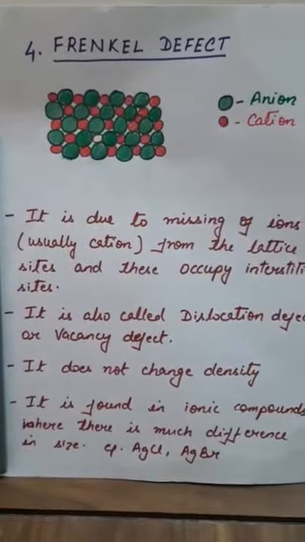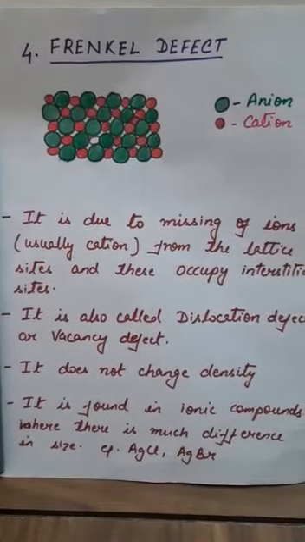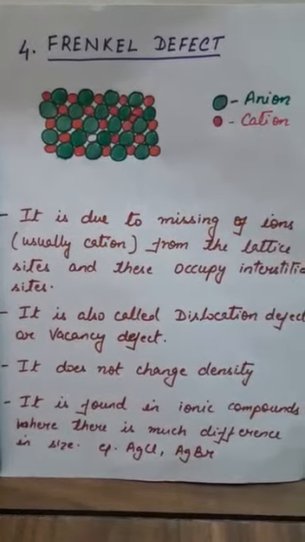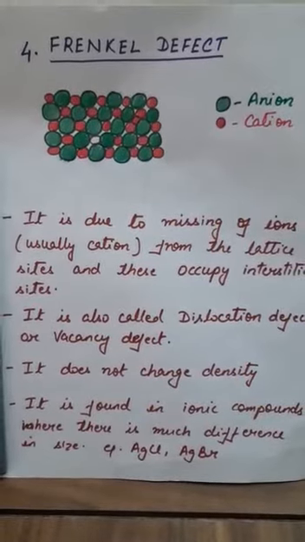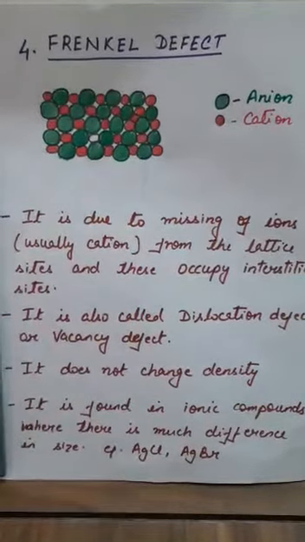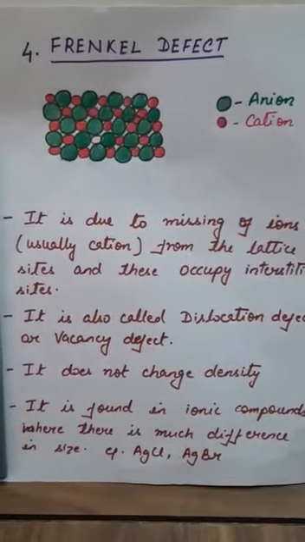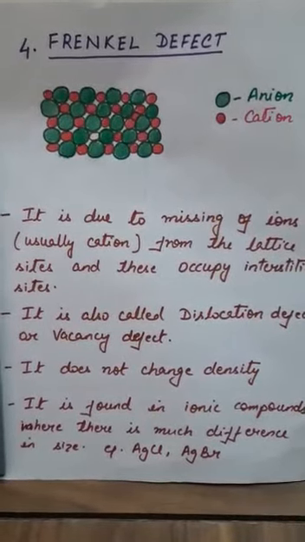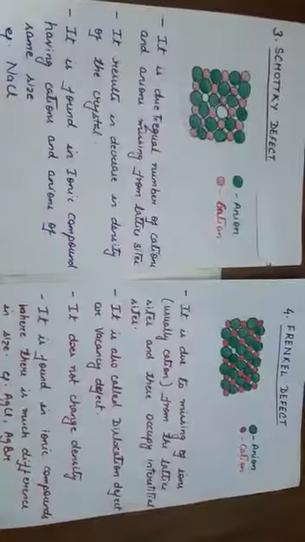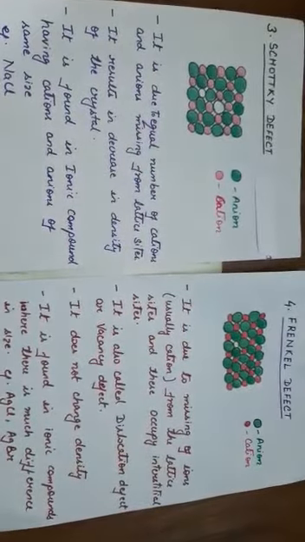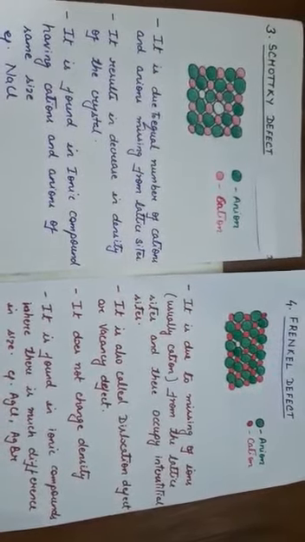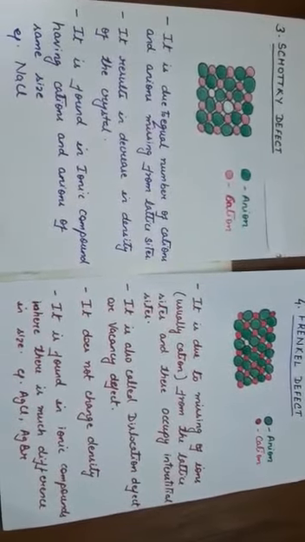So due to this, there is no change in density because one cation changes its place from its position to the interstitial site. So the best example is AgCl and AgBr because there is a large difference between Ag+ and Cl-.